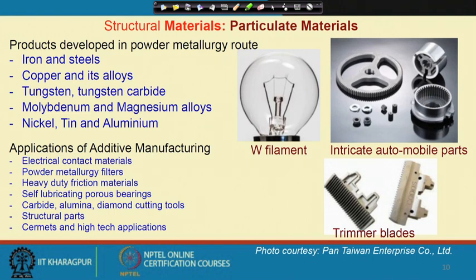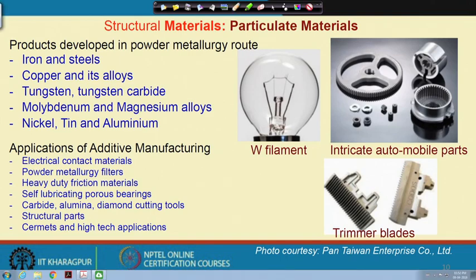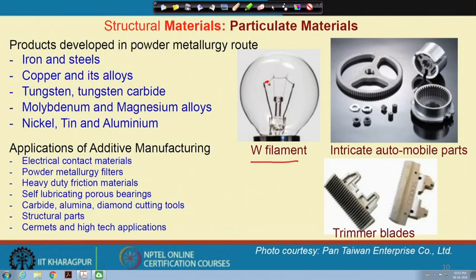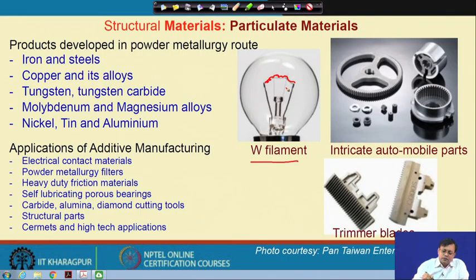Now, let us discuss the particulate materials which are used for structural purposes. We know about the tungsten filament which is used in our homes. These are very small springs made out of tungsten.